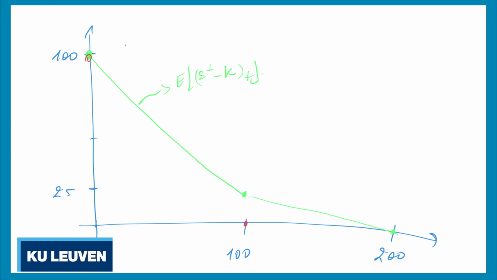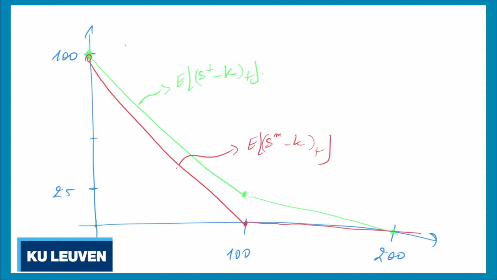So the stop-loss curve, the upper tail transform of the mutually exclusive sum, is given by this curve. It's going to 0 from 0 to 100, and then it is always equal to 0. So this is the expectation of (S_m minus k)+.